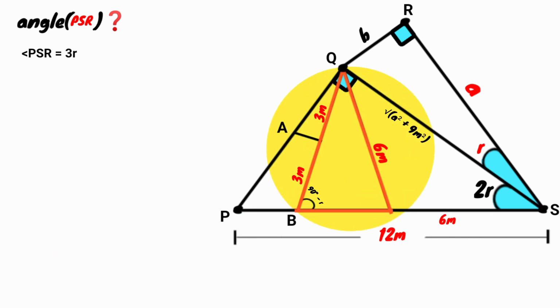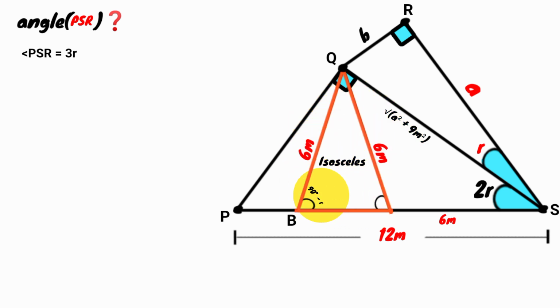Now look at this triangle. This side is 6 meters in length. The length of this side is 3 meters plus 3 meters, which is also 6 meters. That makes the triangle an isosceles triangle. The base angles of an isosceles triangle are equal, which are this and this.